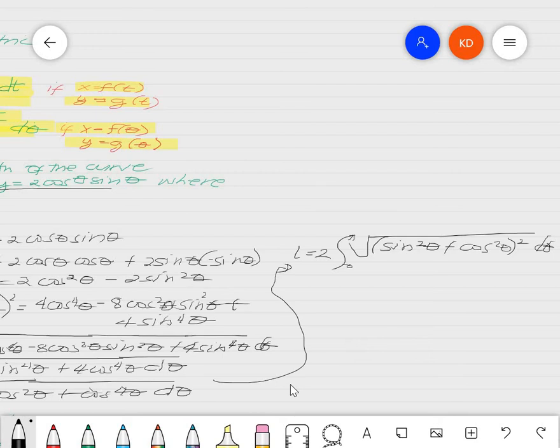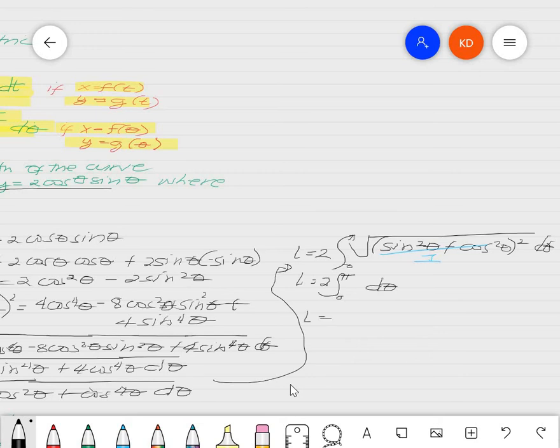So we already know that this value here is equal to 1. So we will have left L is equal to 2 integration of square root of 1, and square root of 1 is 1. You're just left with d theta, from 0 to pi.